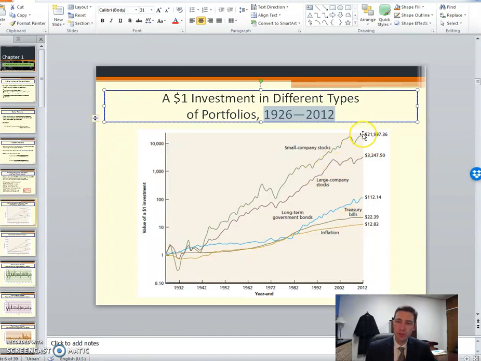So what you're seeing is that as we go down this chart vertically, there's a decrease in the risk of all these different asset classes. Notice how the treasury bill line doesn't oscillate as much, whereas the small company stock line oscillates a lot more, so there's a lot more risk involved. So the greater the risk, the greater the expected return. That's the whole lesson of this.